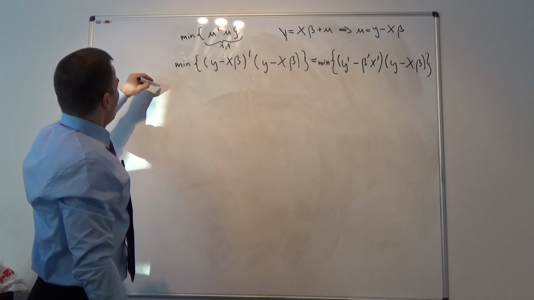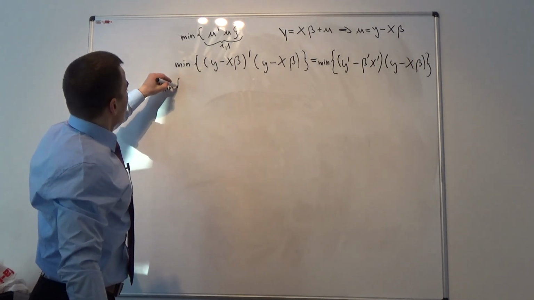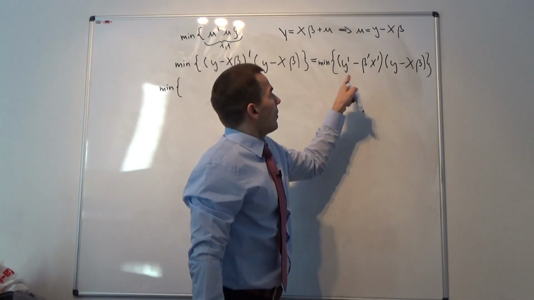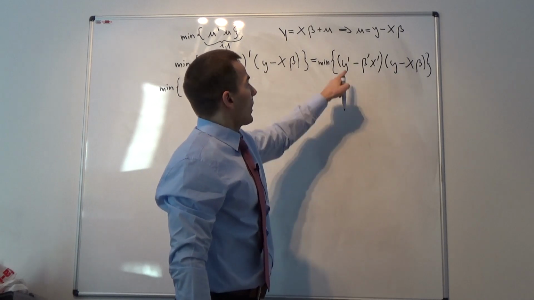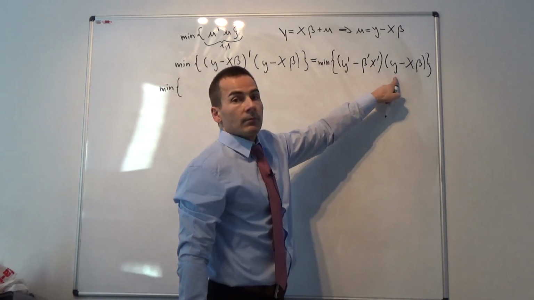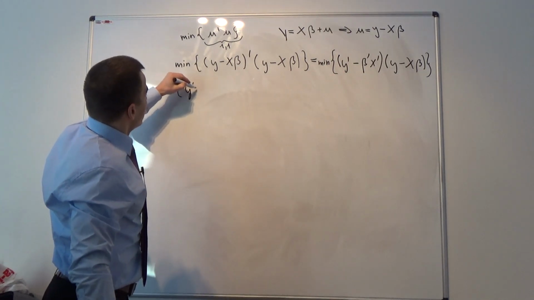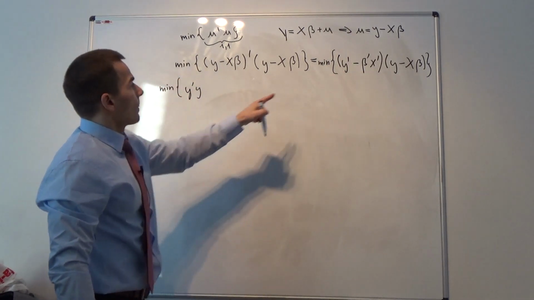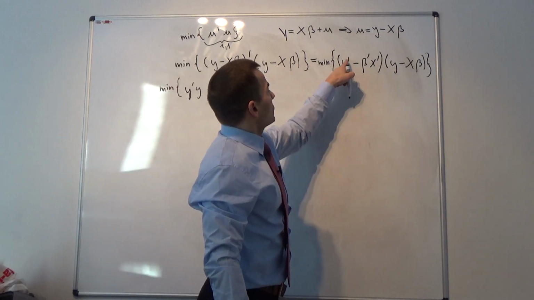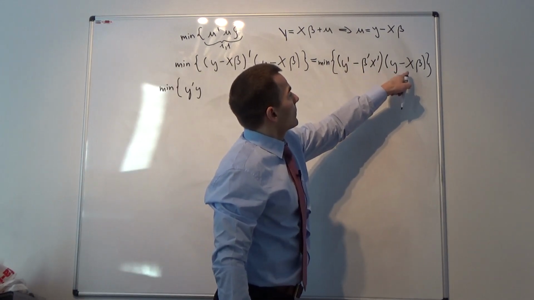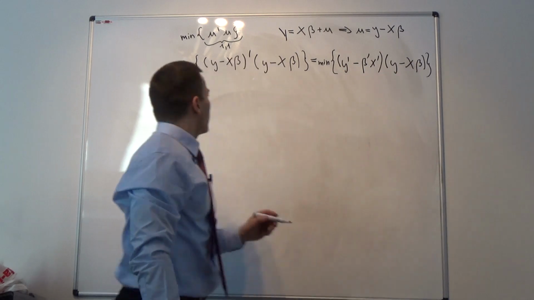So what we have to do next, we can multiply this out. We have to multiply y transposed times y, which is our first component here, y transposed y, minus y transposed times x times beta.